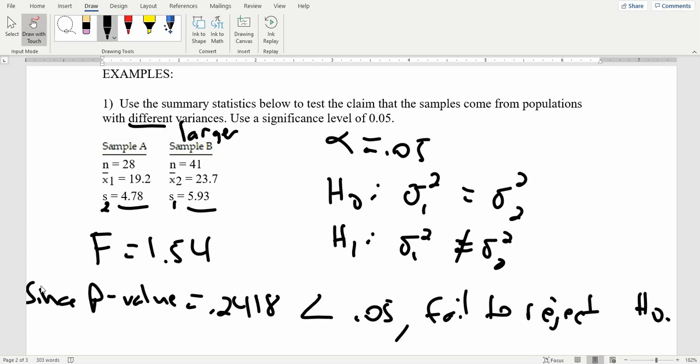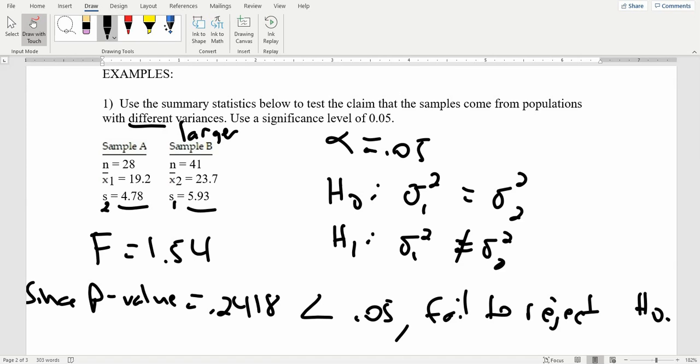And so there is no evidence to support the claim that the samples come from populations with different variances.